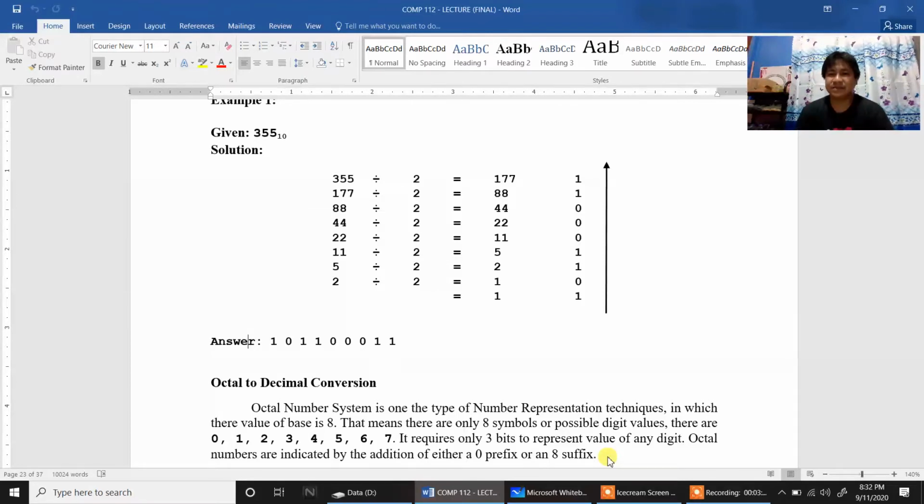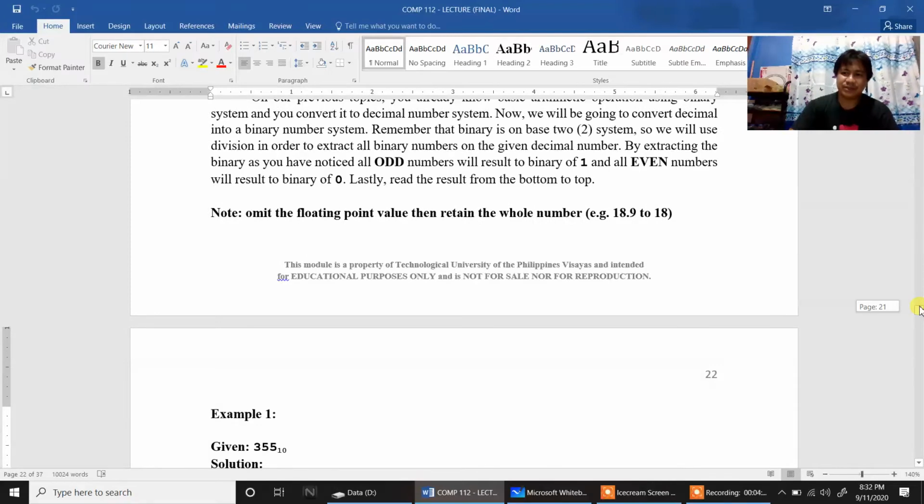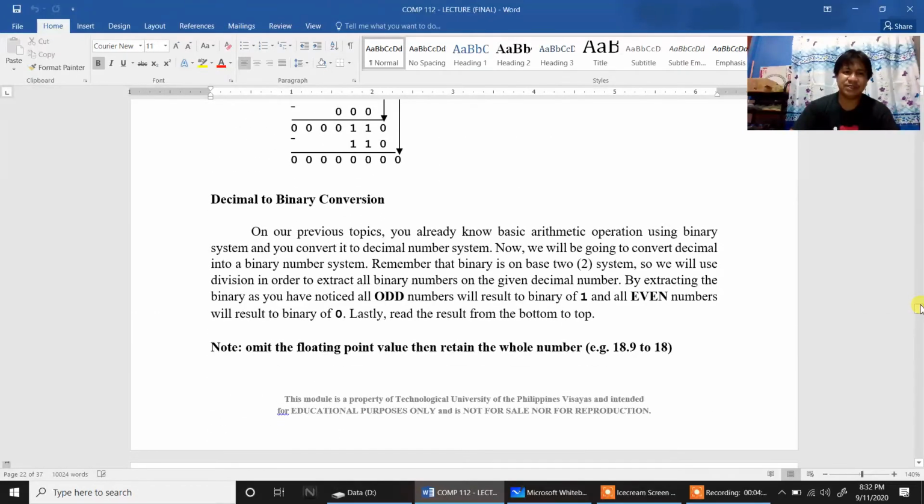Okay, so let's start with the conversion of decimal to binary. The only rule on decimal to binary conversion is that all you need to do is divide the decimal by the base 2 of the binary.